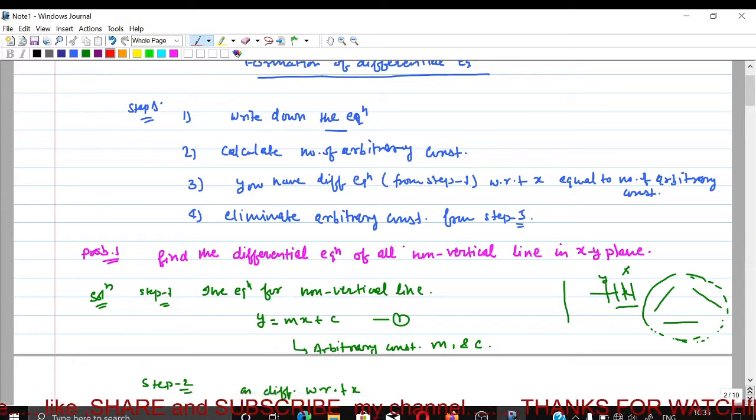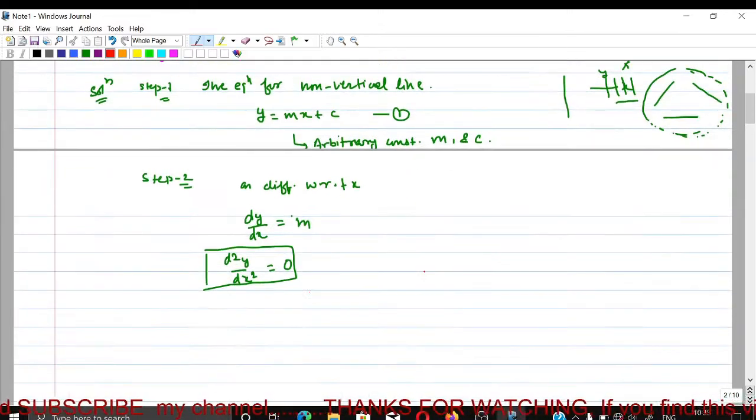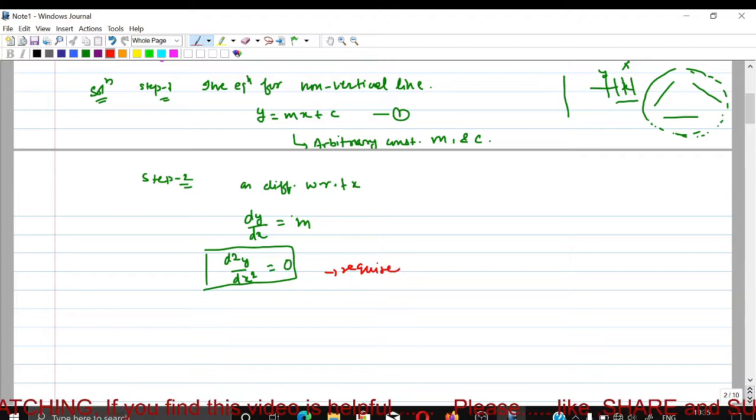So in this problem, after successive differentiation, our arbitrary constants are already removed. So this is our required differential equation.